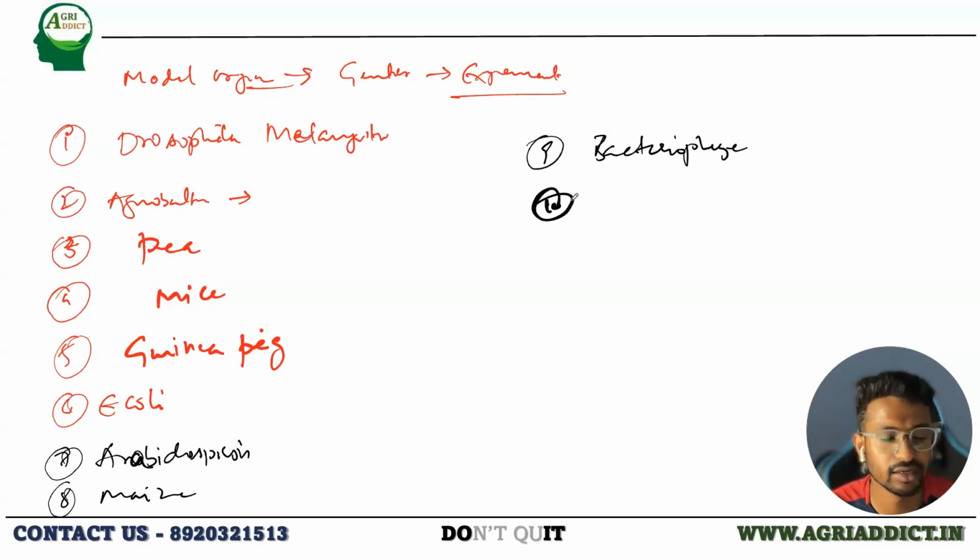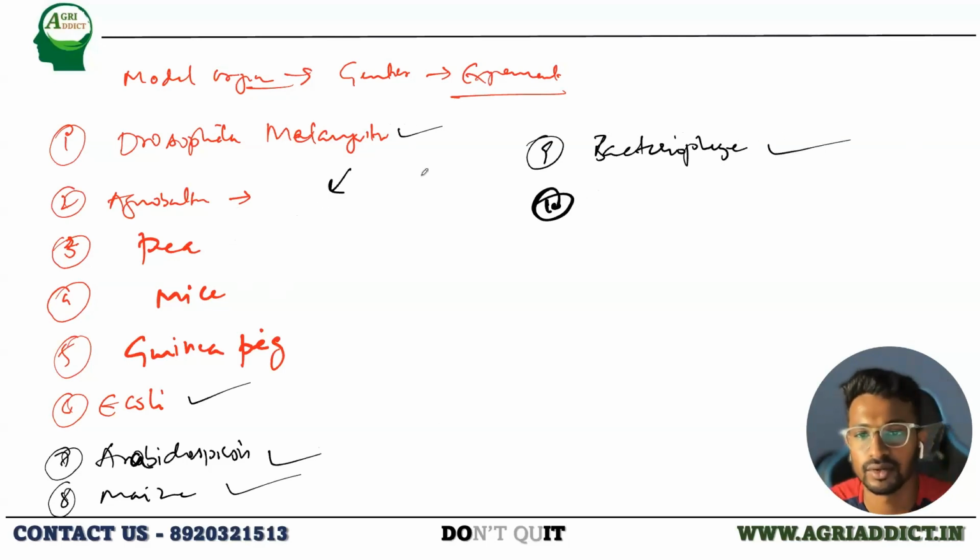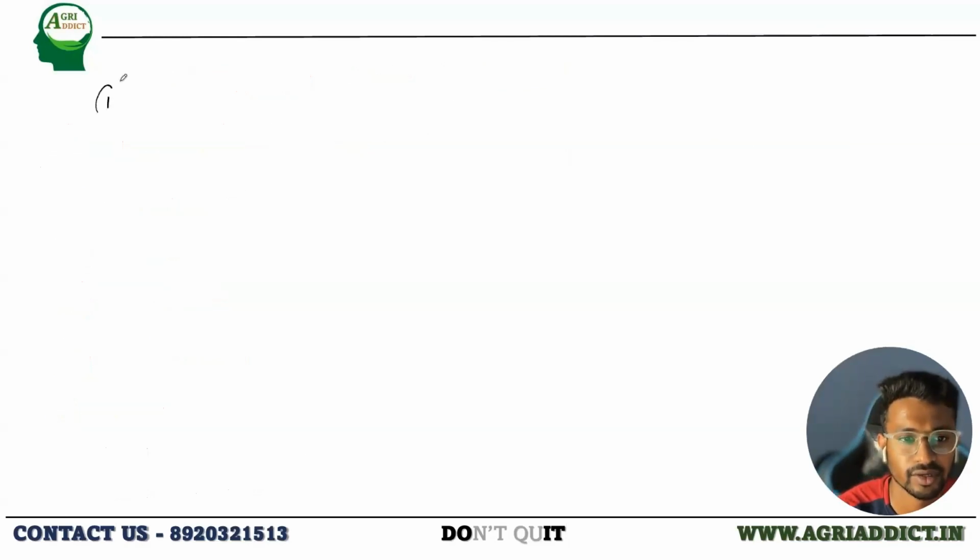These are the most common experimental materials used by several scientists, out of which the model organisms are actually Drosophila, E. coli, Arabidopsis, maize, and bacteriophage. All the other organisms we listed are frequently used in experiments, but the model organisms are the ones I listed above.